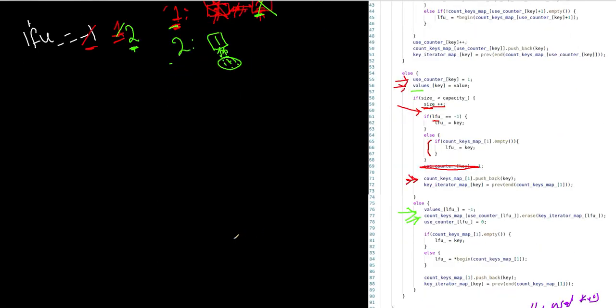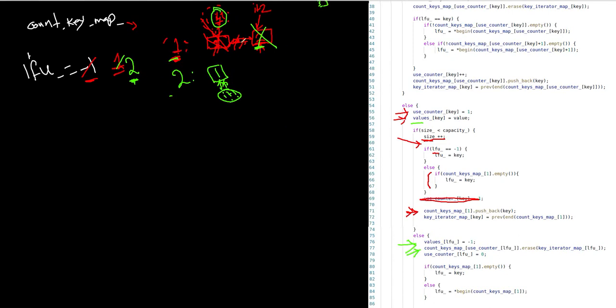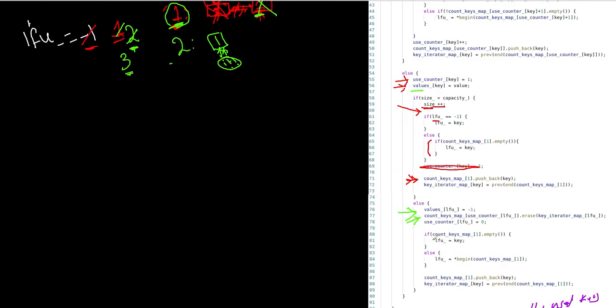Now after that we need a new key, or a new least frequently used key. If the count of the key of map is empty, so this key has no value, it's empty, and that means the new inserted key will take the value, which is 3, because this one will have this key 3, or the key 3 that we are going to insert now later on.